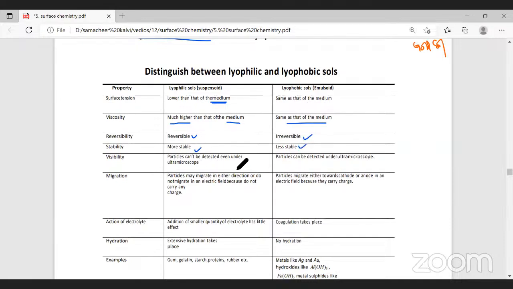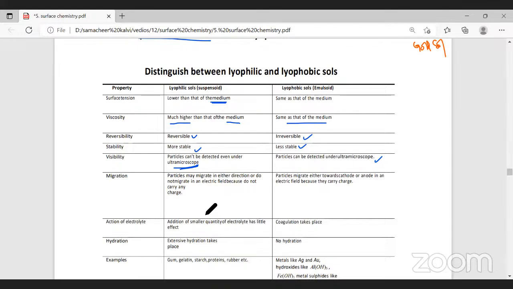Visibility. In case of lyophilic sols, particles cannot be detected even under ultramicroscope. Lyophobic sols, particles can be detected under ultramicroscope. Migration. Particles may or may not migrate in an electric field because they do not have any charge.